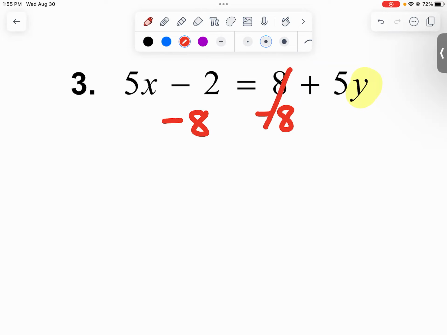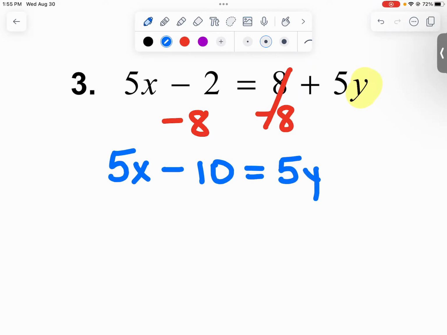Okay, now we're going to cancel out here. Over here, my 5x needs to stay as a 5x, but now I have a minus 2 minus 8. These are canceled and I'm only left with 5y. Now, in order to get y by itself, now that 5 is tied to y through, everyone, multiplication.